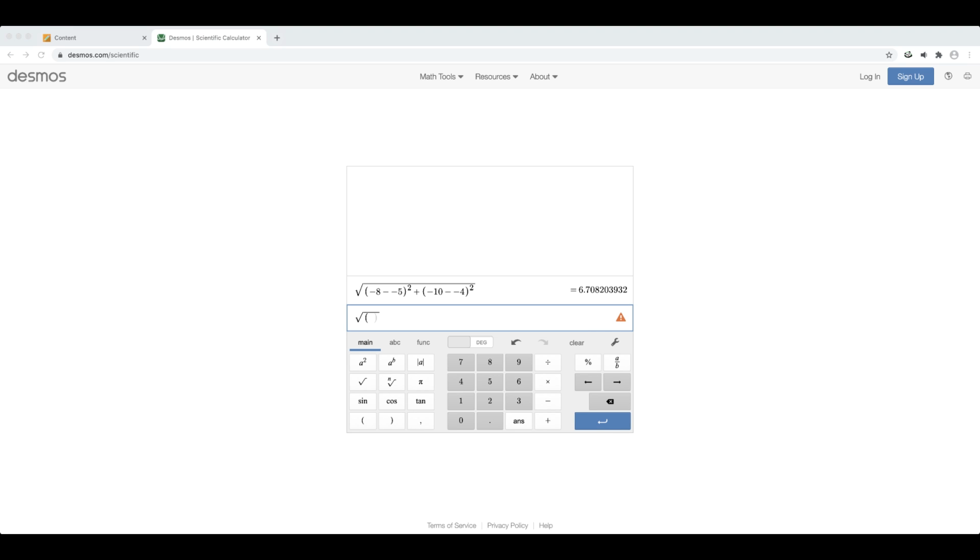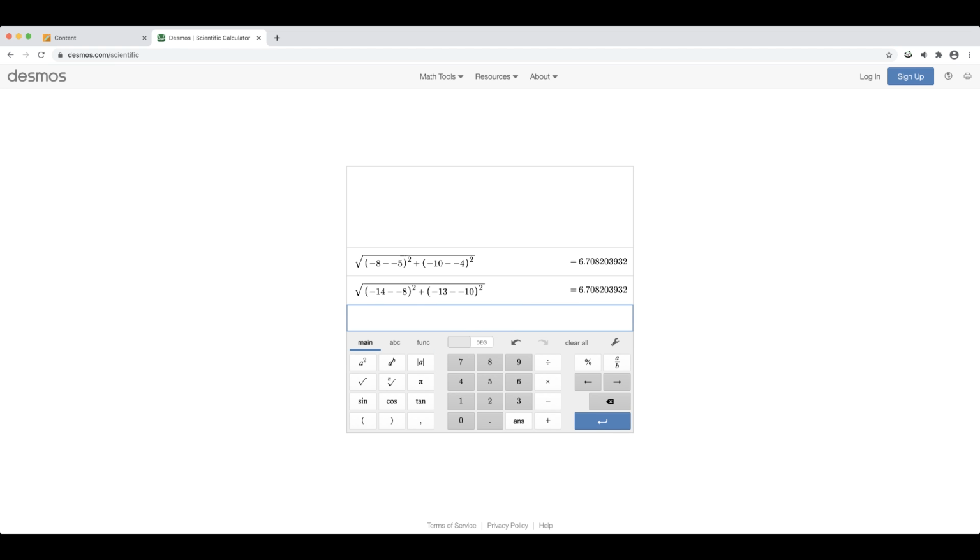And then the next one's -14 minus -8. Oops, speaking of typing in correctly. Again, -14 minus -8. The minus is the same thing as the negative on here, so just type it in twice. Plus -13 minus -10, and then that is squared.